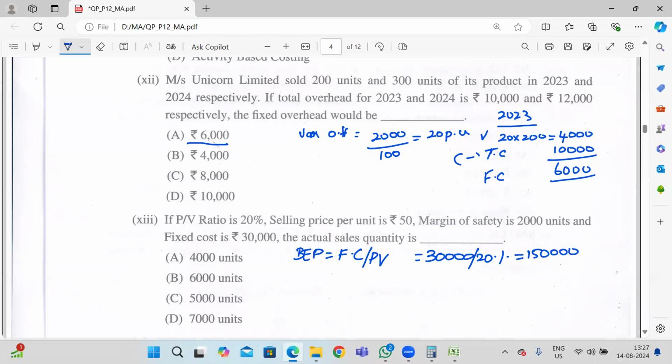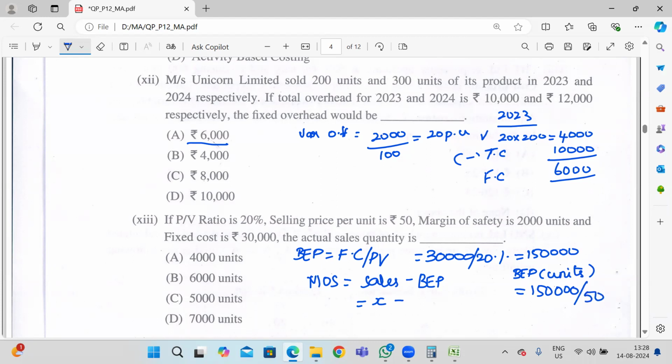So margin of safety formula is sales minus break-even point, right? So sales, I don't know. Break-even point is 1,50,000. So here I can convert this also in units. So in that way also you can calculate. If I'm converting break-even point in units, that is 1,50,000 divided by selling price per unit, that is 50.